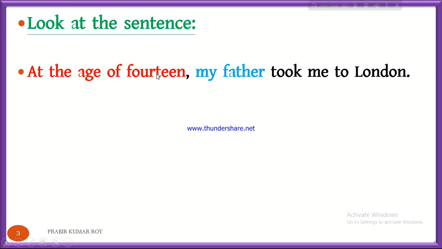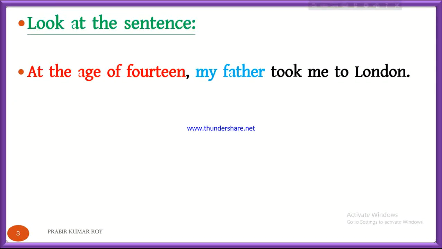So at the age of 14 actually modifies my father here. The sentence literally means something different than what the speaker intends to say. The speaker intends to say that when he was 14, his father took him to London, but the way the sentence is written, it means when his father was 14 years old, his father took him to London.